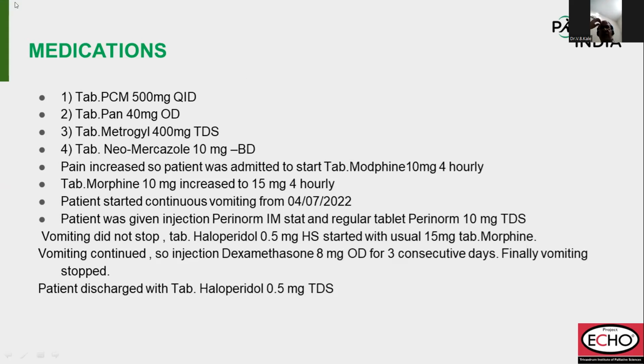We were not happy, and the vomiting continued. So I tried another one: injection dexamethasone 8 milligram OD for 3 consecutive days. Finally the vomiting stopped. The patient was discharged with tablet haloperidol 0.5 TDS.